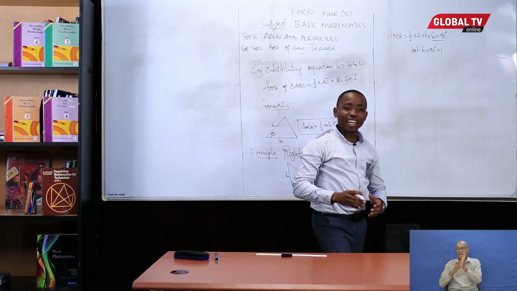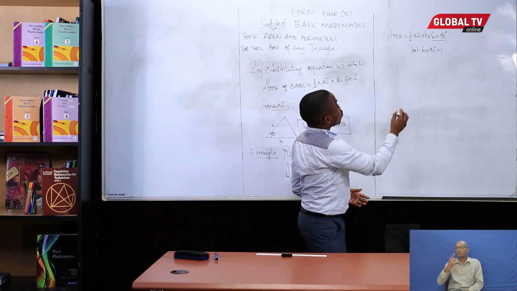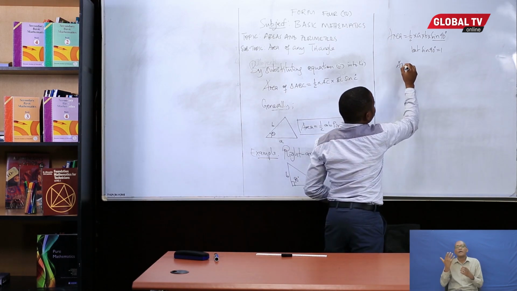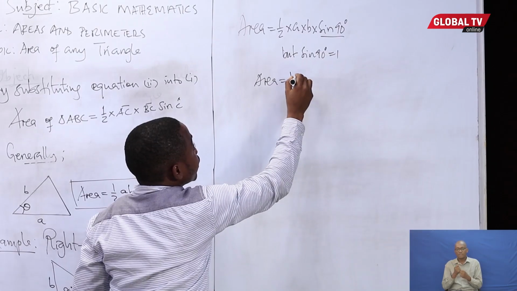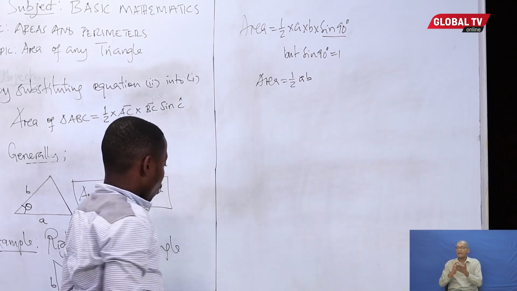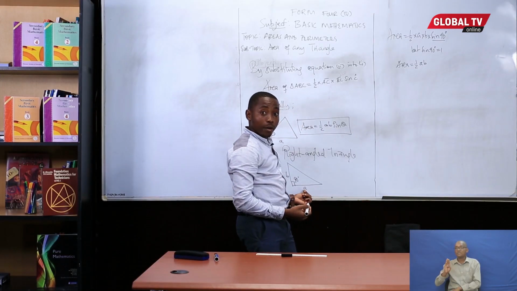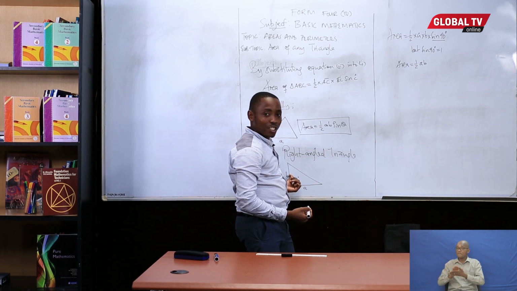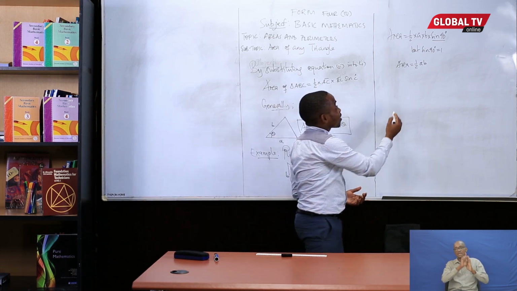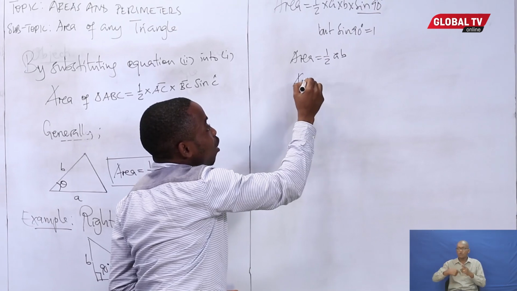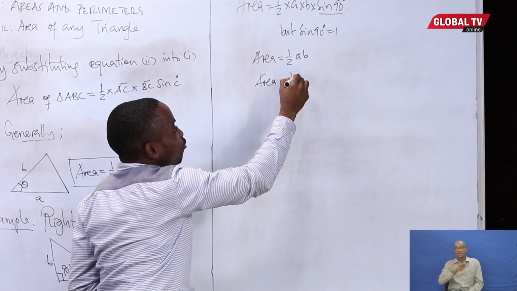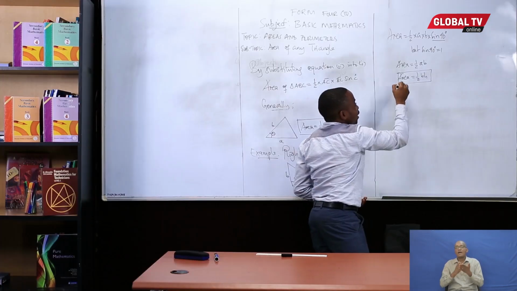If sine of 90 equals 1, what are you going to get? We are going to get area equals to a half times A times B, whereby your A is a base, and B is your height. That's why they always just say the area of a right-angled triangle is a half BH.